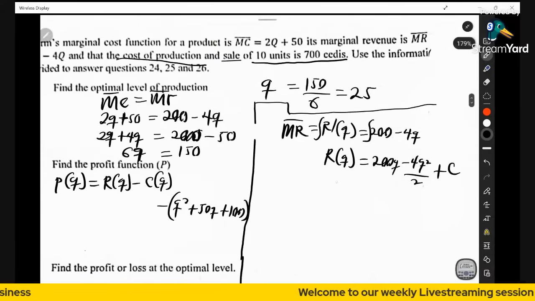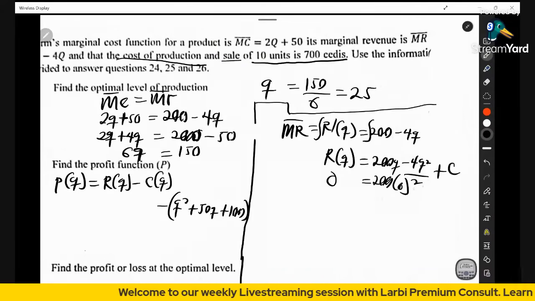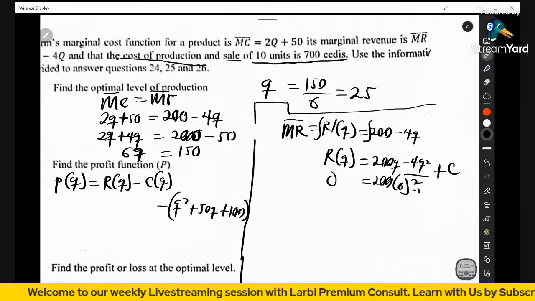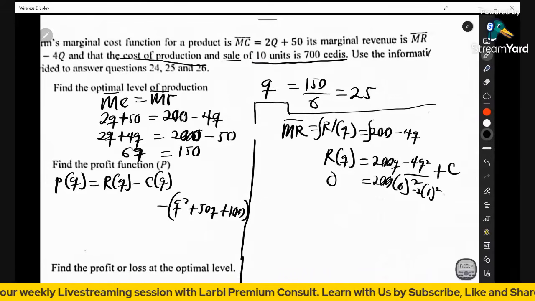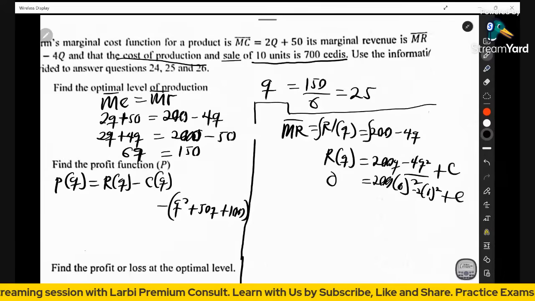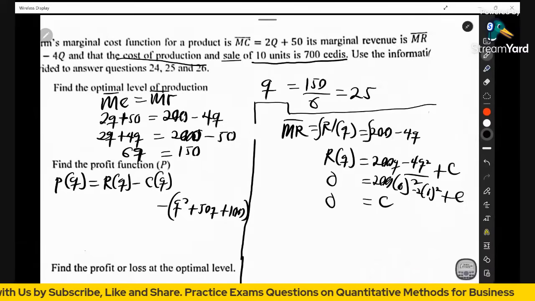So we'll have 0 equal to 200 times 0, then 200 times 0 minus 4 divided by 2, which gives 2, times 0 square plus C. So C is equal to 0. Everything is 0.